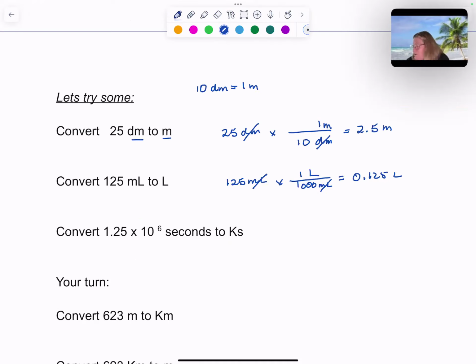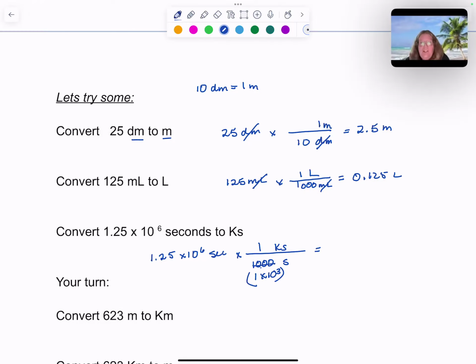We can do this with scientific notation as well. Start with your given, 1.25 times 10 to the 6th seconds. We know kilo and seconds. For every 1 kilosecond, kilo means 1,000, there's 1,000 seconds. 1,000 is the same thing as 1 times 10 to the 3rd power.